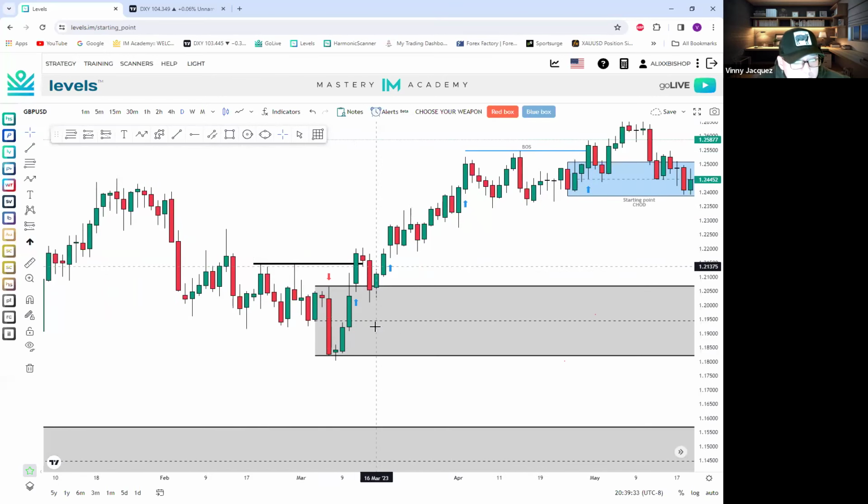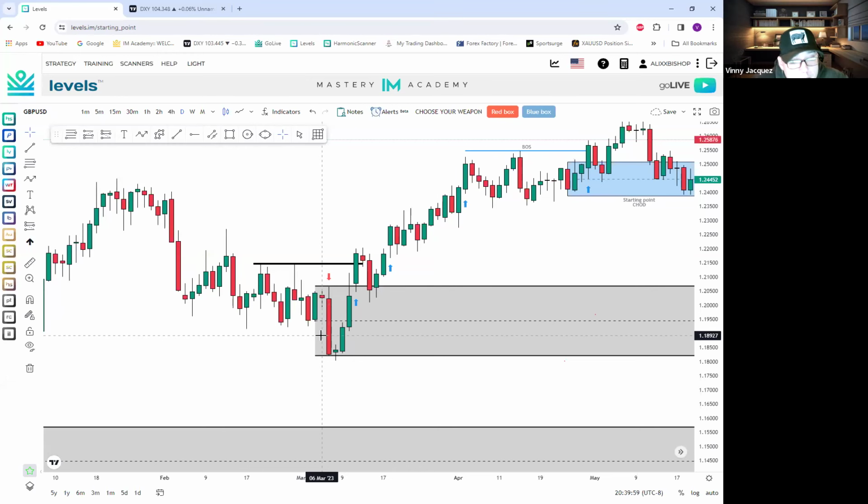Look at this. Market comes right back inside, fills that imbalance. Would that be an imbalance? It wasn't. Yeah, this red candle created an imbalance, but then when market came back and turned it around, it was an imbalance fill. And then it just happened to make more imbalances on the way up.